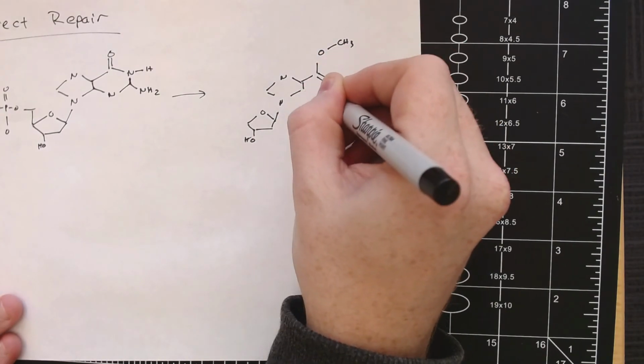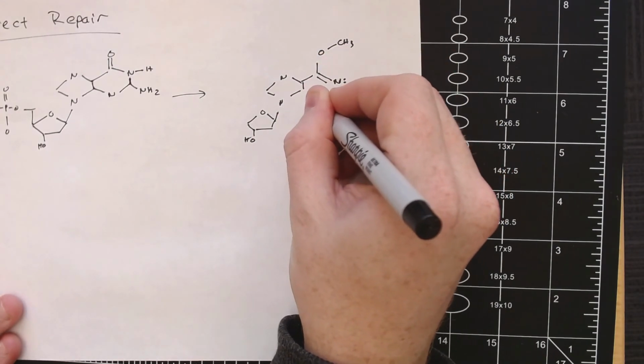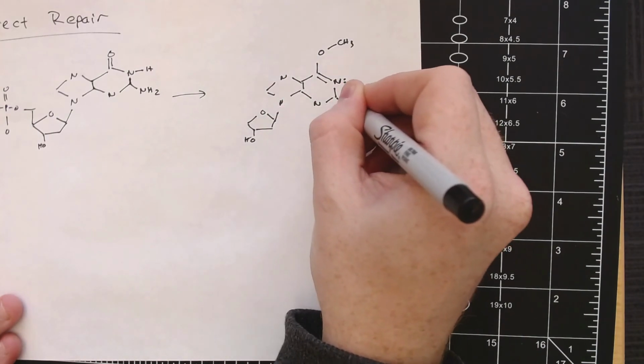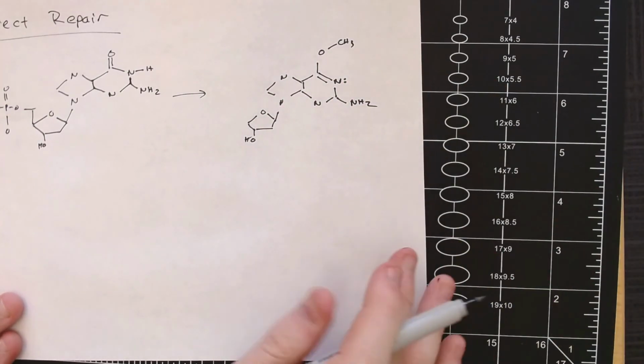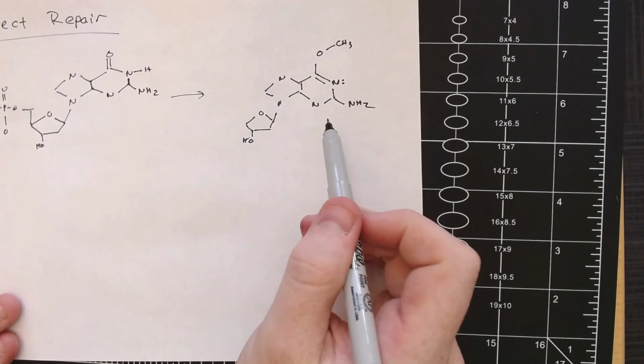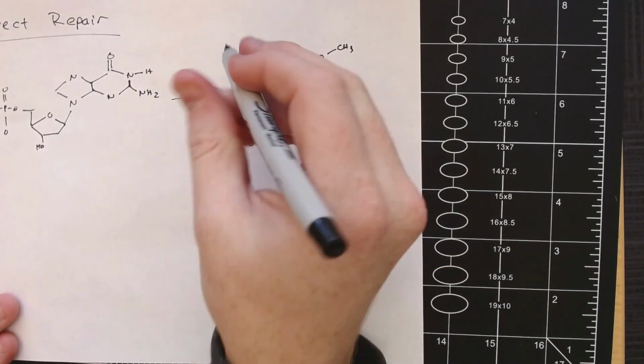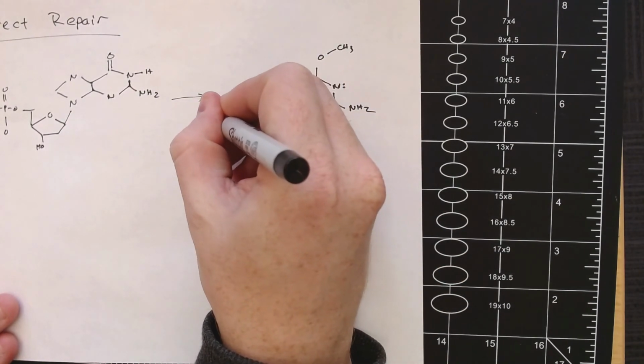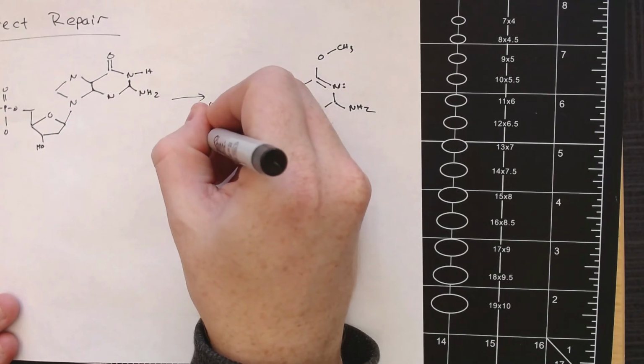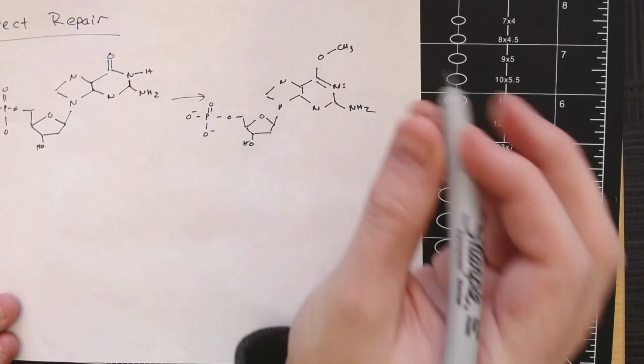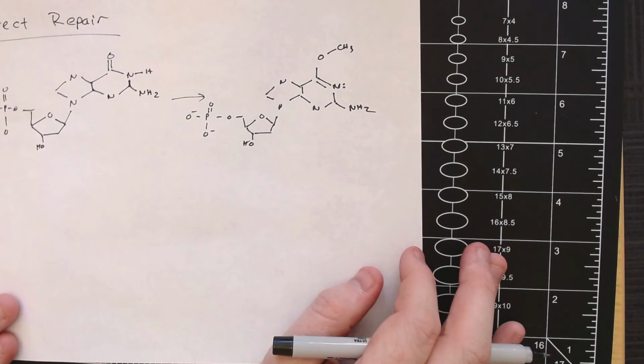Now we've messed that up. Okay, so we've got this alkylation here. And, oops, let me just finish drawing. I always forget the 5' end. But you've got it here.